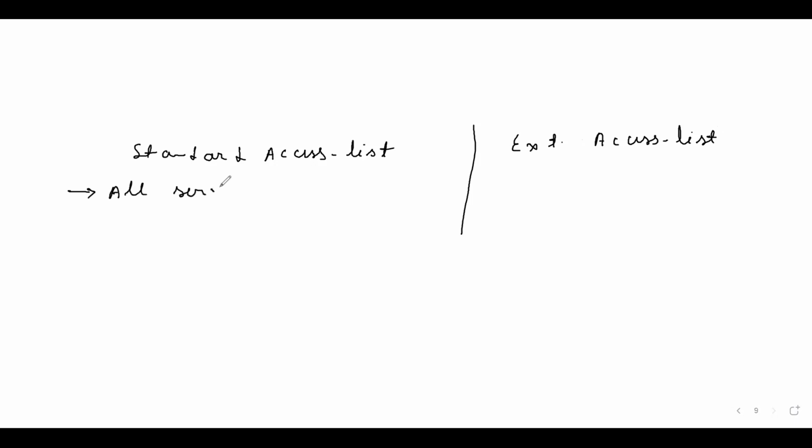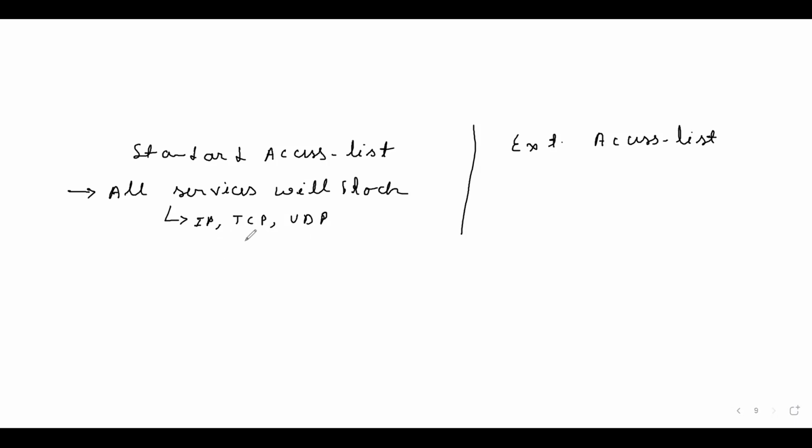I already explained this point. Services means your IP traffic, your TCP traffic, or your UDP traffic, all kinds of traffic will be blocked. HTTPS is also part of that traffic.